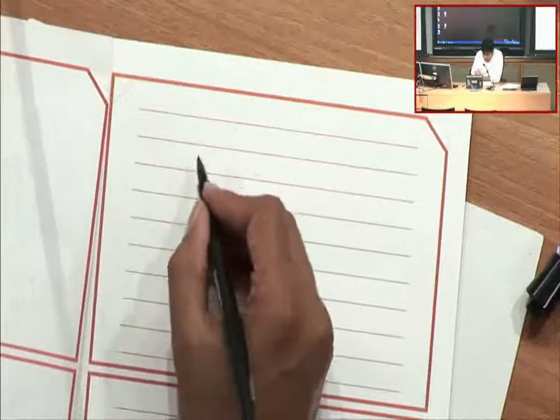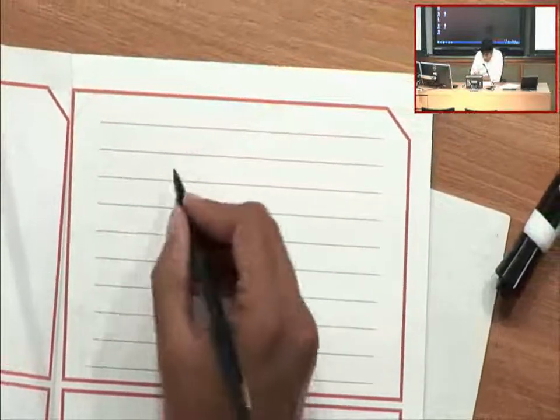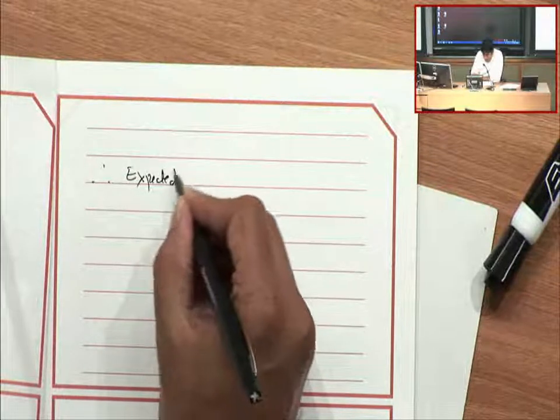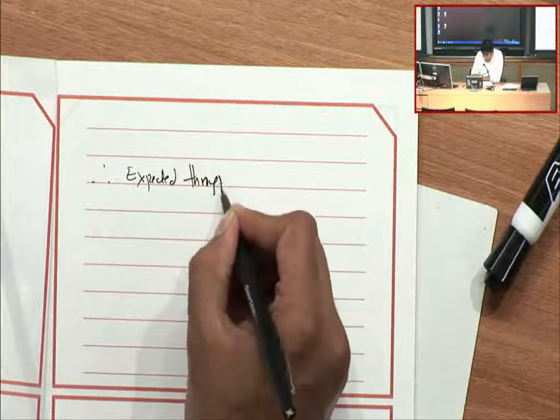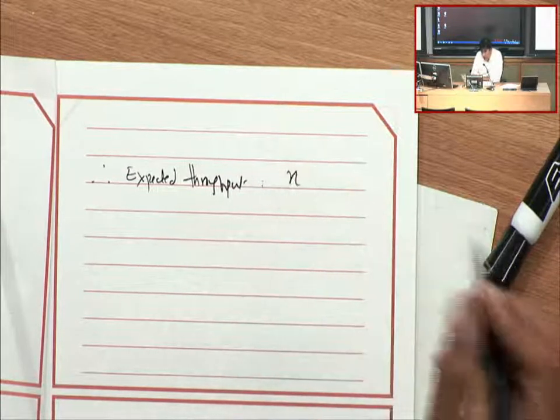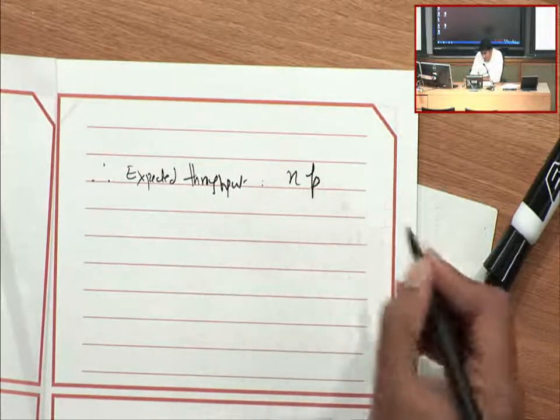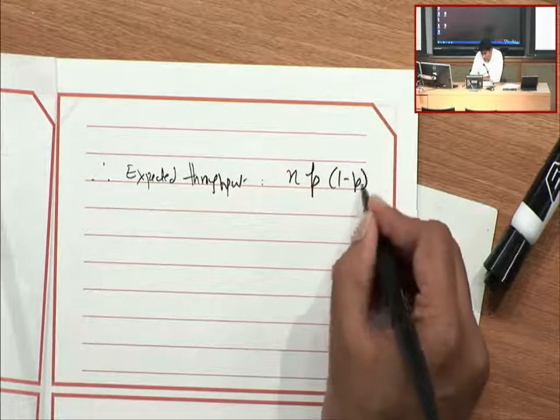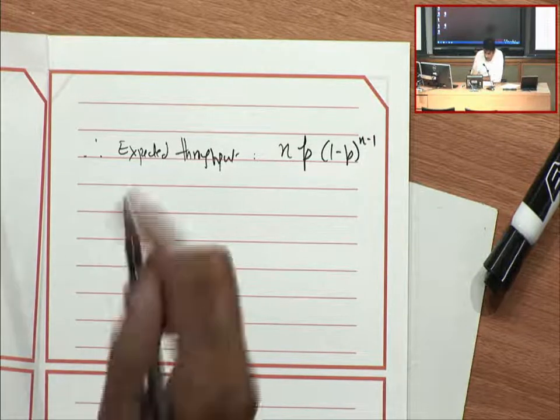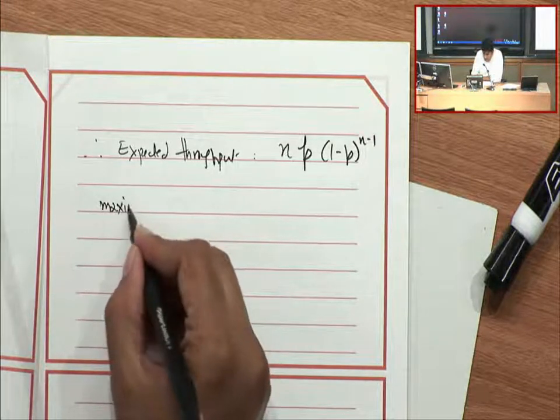So we said that probability, or therefore the throughput, is all the different ways, n of them, in which exactly one of them transmits and all of the others do not. That's the throughput. And we said that this is maximized.